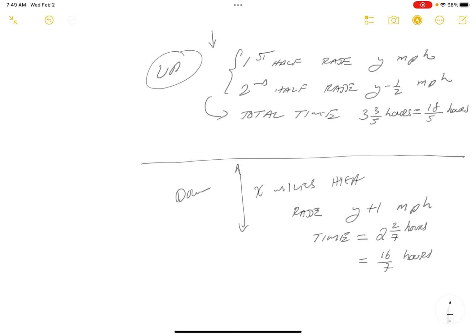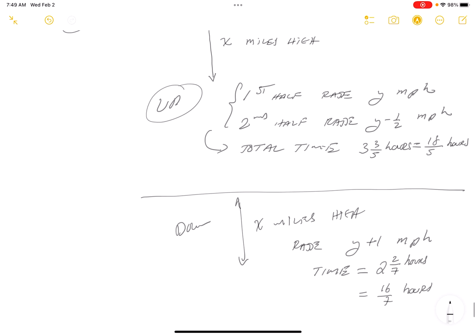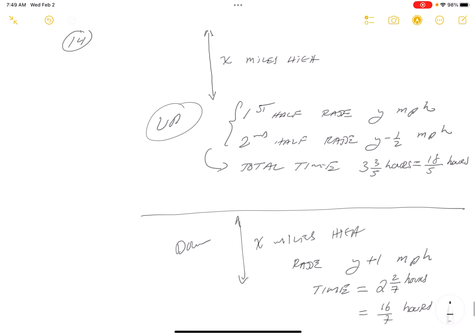All right, we've got troubles now. We've got to get a system of equations down. I sort of read it, and they want to know what X is in the problem, and I don't know what X is, but I've got to write something down, and I'm kind of looking at it. What I'm going to do is talk about the time up, and I know it's 3 3/5 hours, but I'm going to talk about the first half.